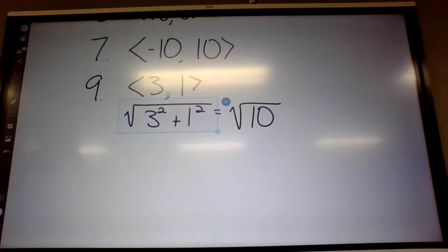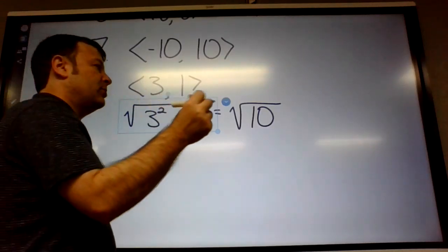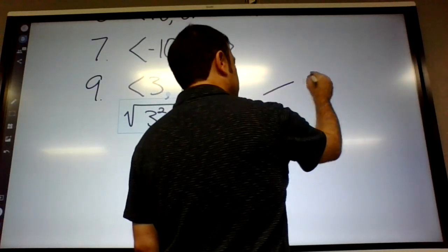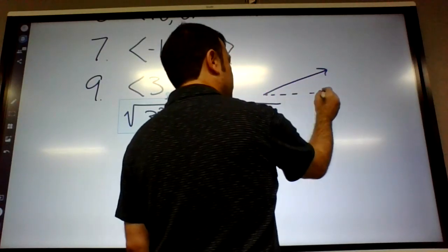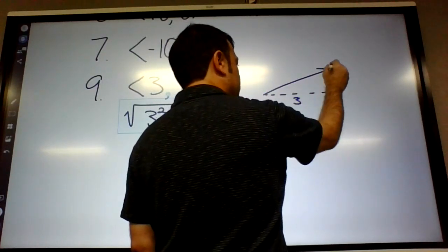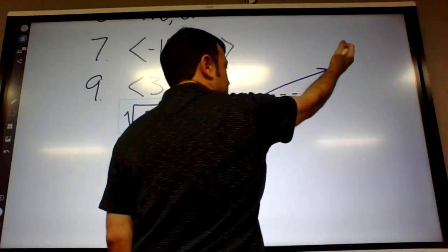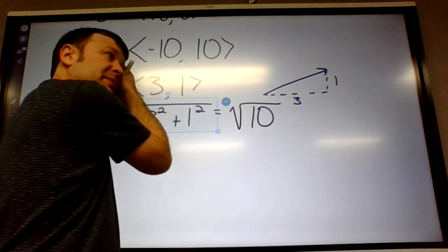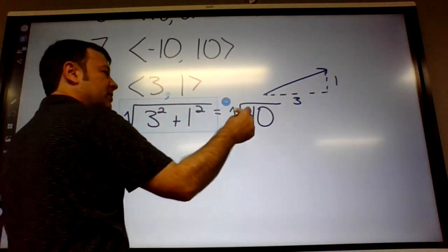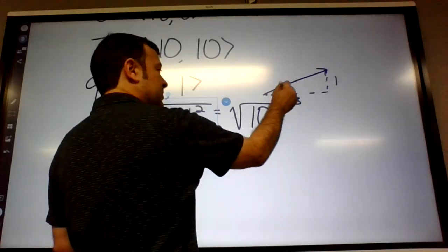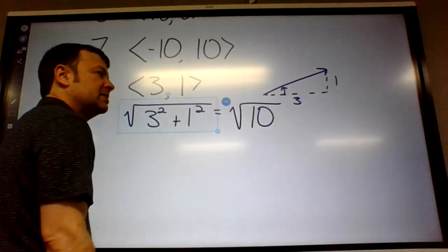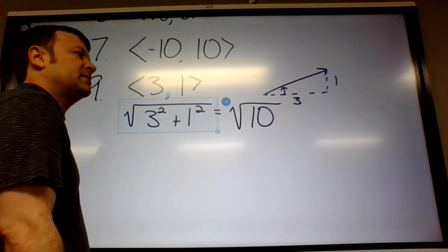Okay, what is the direction though? So a 3, 1 vector looks like this. It's going 3 in the x direction, 1 in the y direction. So the direction would basically be this angle right here. How could we find that angle?